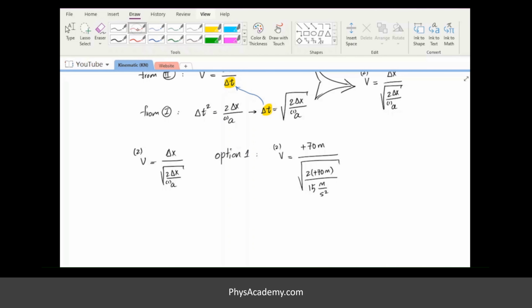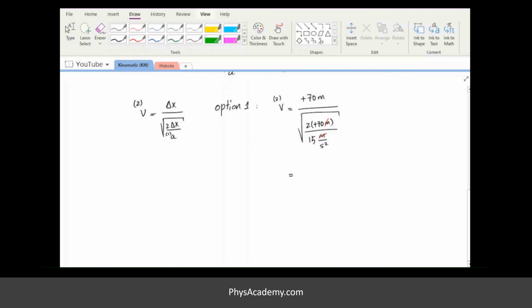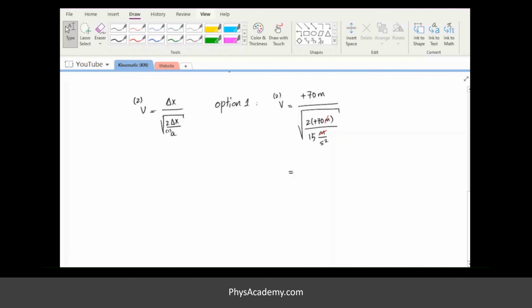Let me check the units to ensure we are not leaving anything out. Meter and meter, they cancel each other out. The second squared under a square root turns to second. I have a meter on top, so we get meter per second here. Perfect. Meters per second. It is the standard unit of velocity, so we're good. Now let's continue on the numerical calculation.